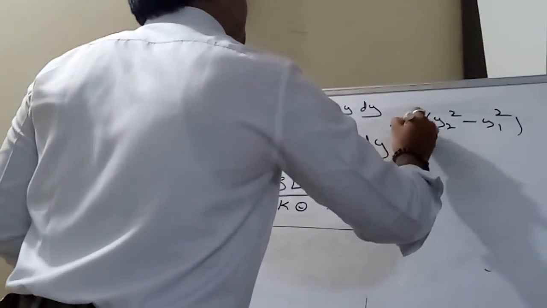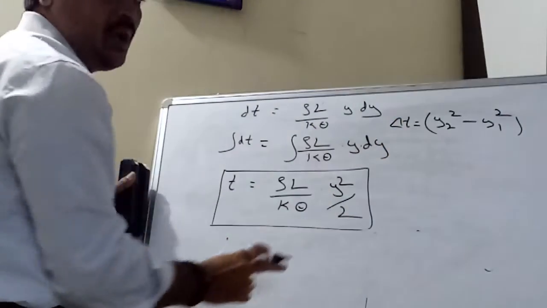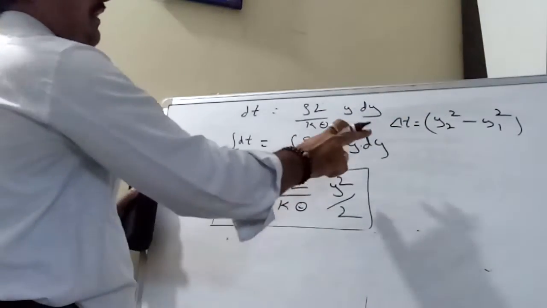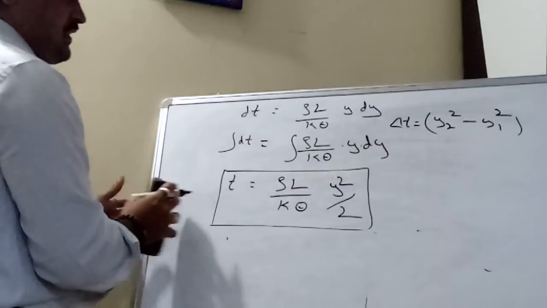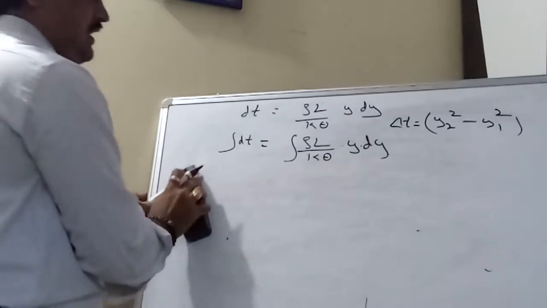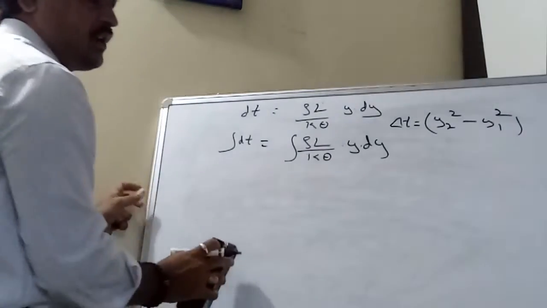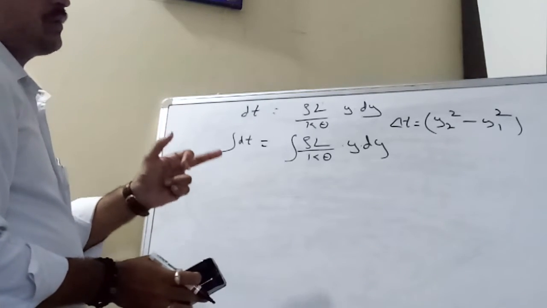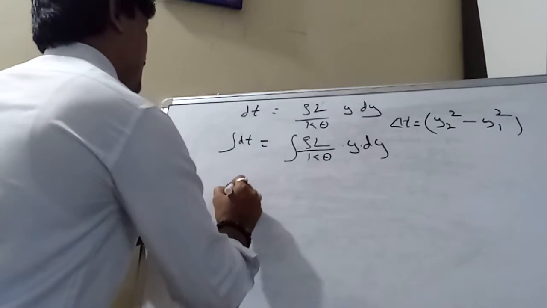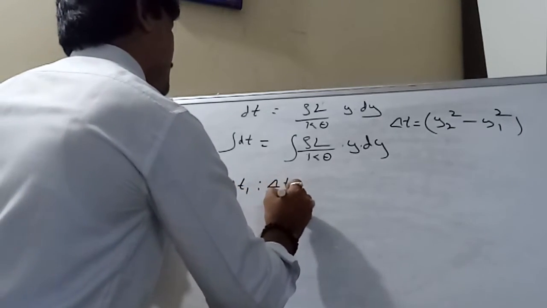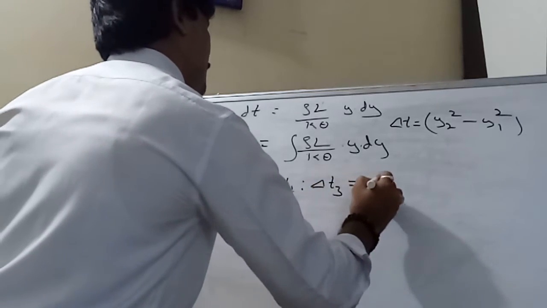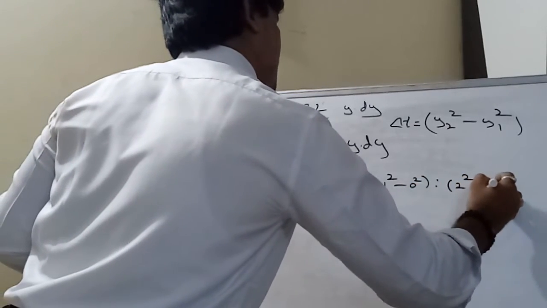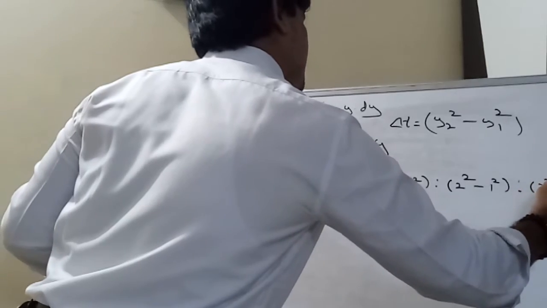For thickness intervals 0 to y, y to 2y, and 2y to 3y, delta t1 is to delta t2 is to delta t3 equals 1 square minus 0 square is to 2 square minus 1 square is to 3 square minus 2 square.